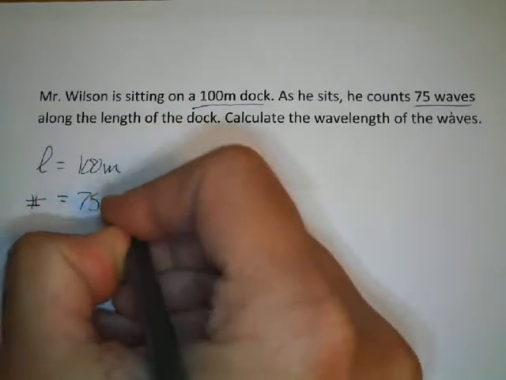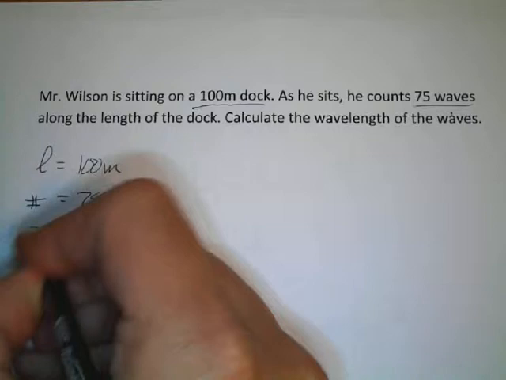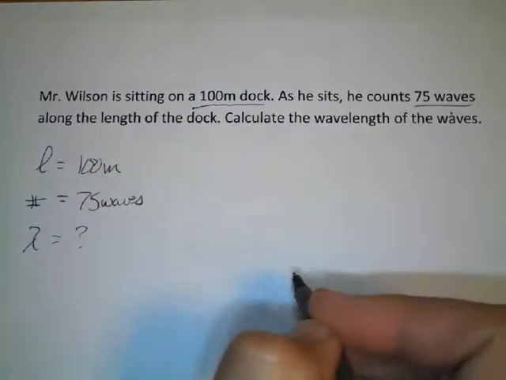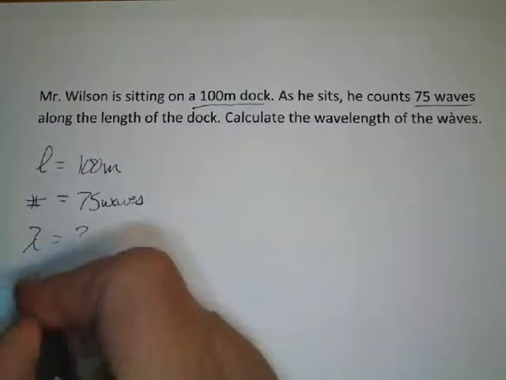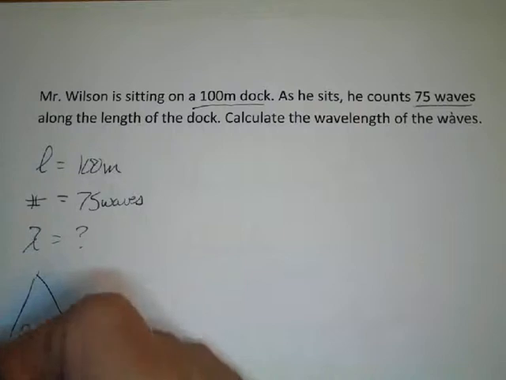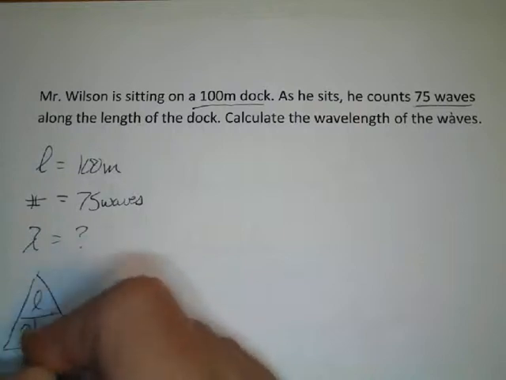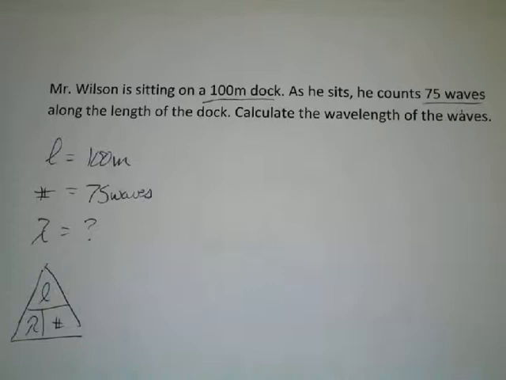And what am I finding? I'm finding the wavelength. So according to my triangle, to find wavelength, I need to take the length and divide it by the number.